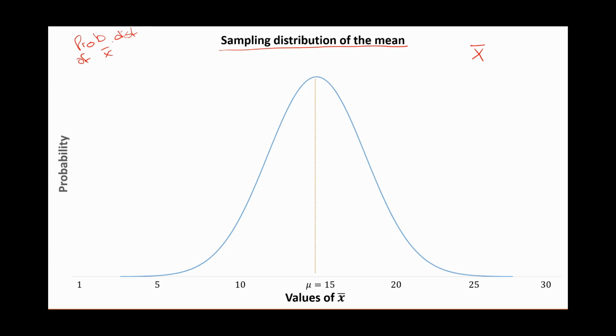This probability distribution, the sampling distribution of the mean, is a normal distribution. Not a standard normal, it's a normal distribution. And the mean, the expected value of the sample mean, is equal to the true population mean.